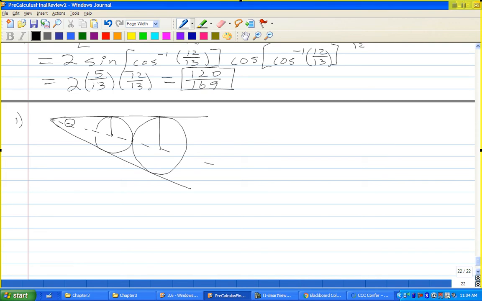Okay, so I have here, I want to figure out theta. Okay, and these are right angles, and this is a 3. That's a 12.